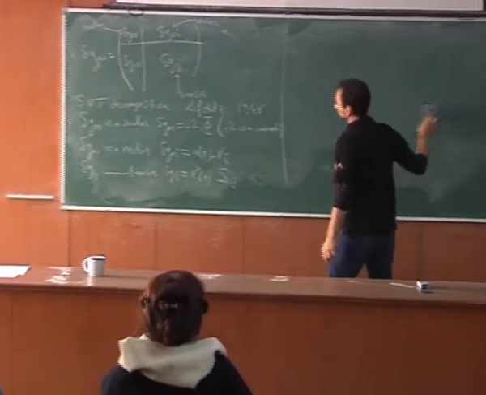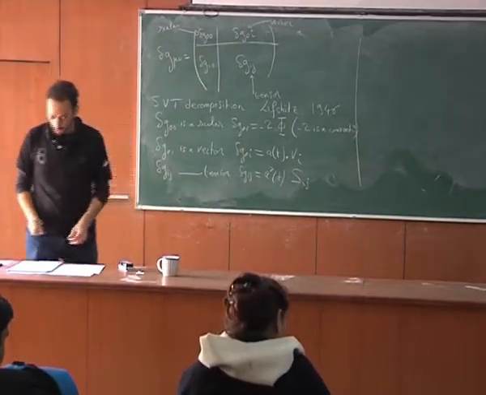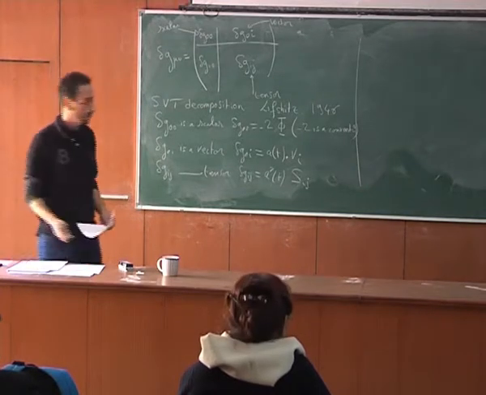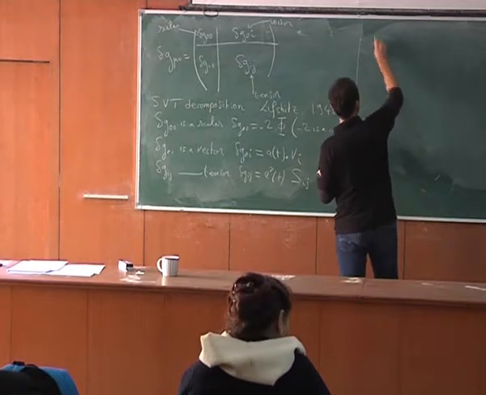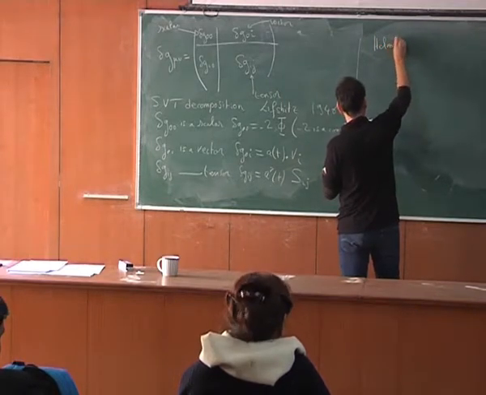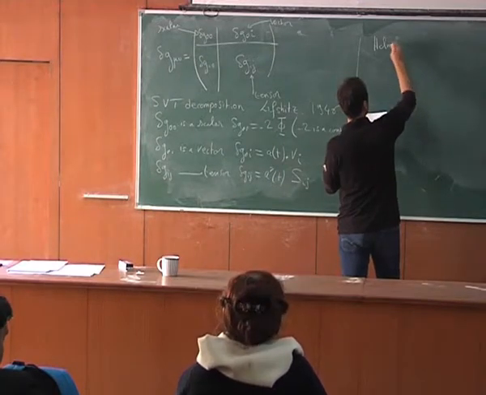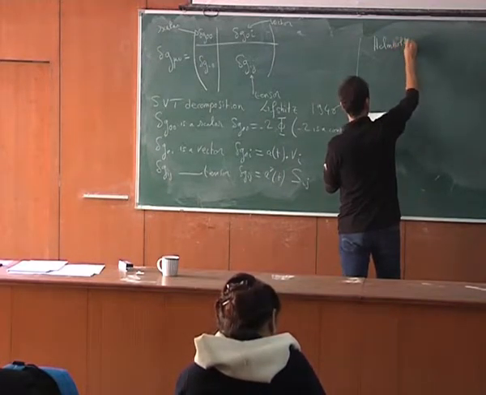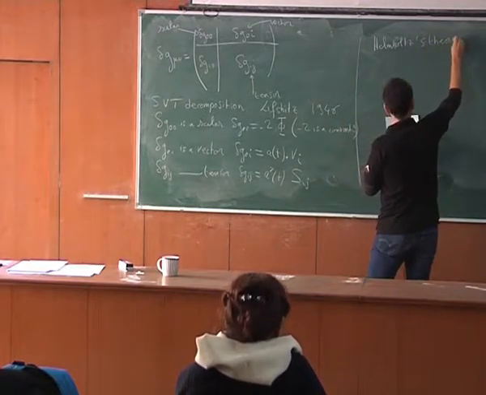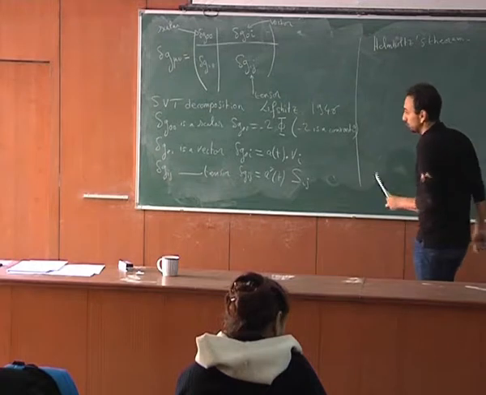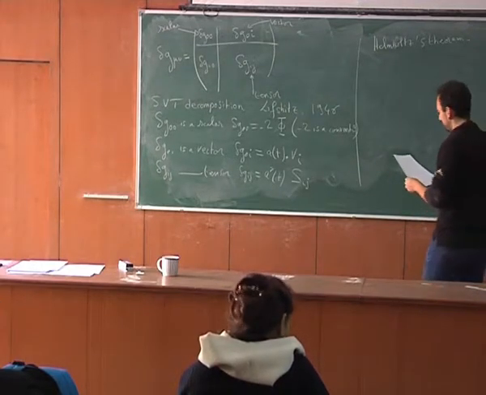Now what we do is the following. We consider something you might have certainly studied, which is called the Helmholtz theorem, which says that if you have a vector, you can always decompose it.